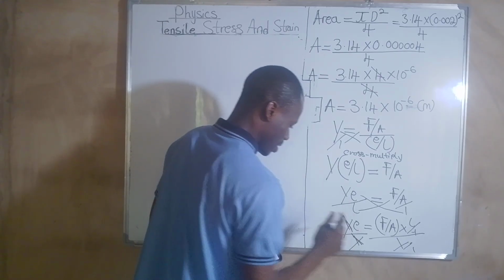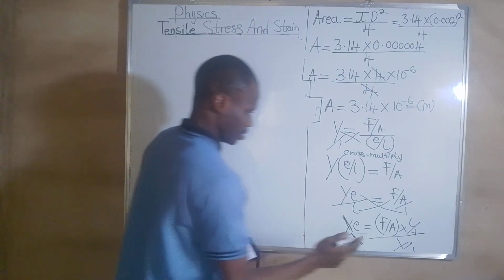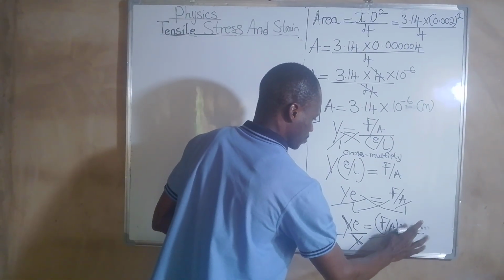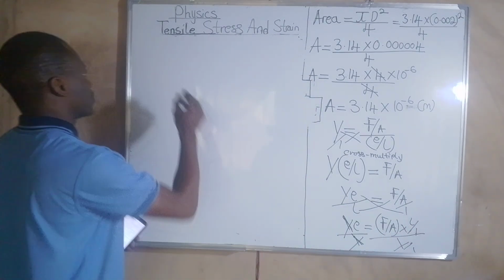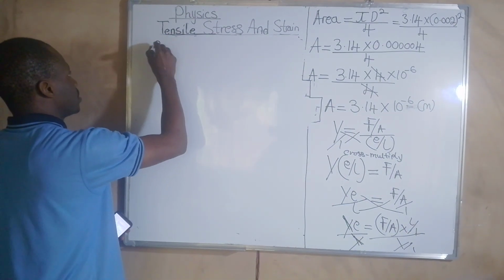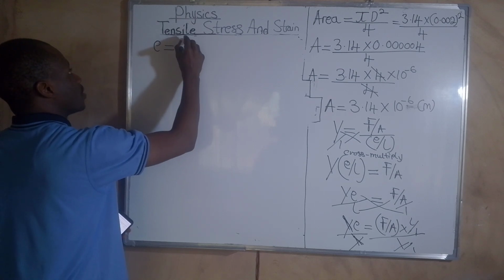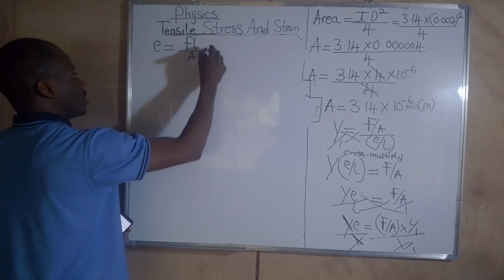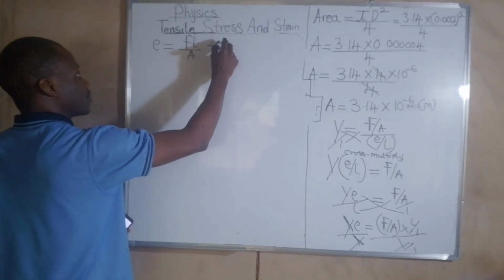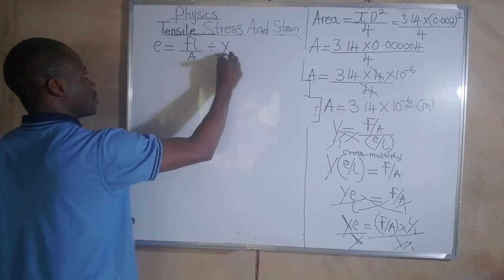Remember that we have something like L, so this is over 1. If you times, you have that E is equal to F L over A, then divided by Y, over 1.